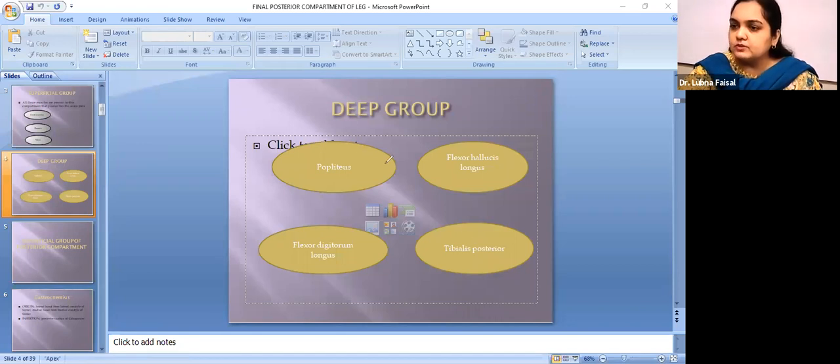We are able to observe these muscles when the superficial group is dissected. These are the popliteus, flexor hallucis longus, flexor digitorum longus, and the tibialis posterior. Now we will discuss individually the origin and insertion of all these muscles that are present in the superficial and the deep group.